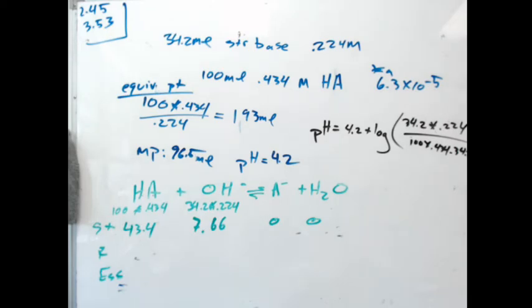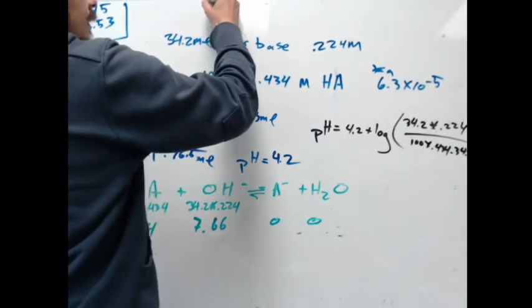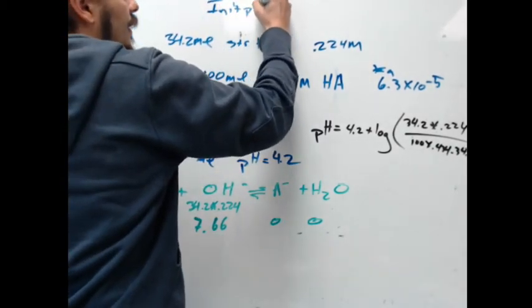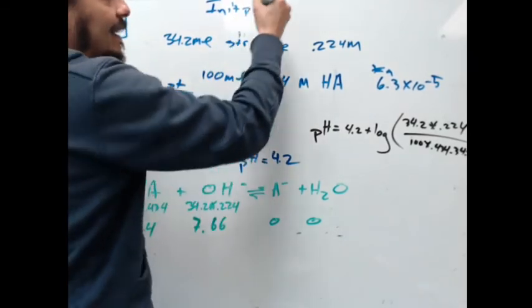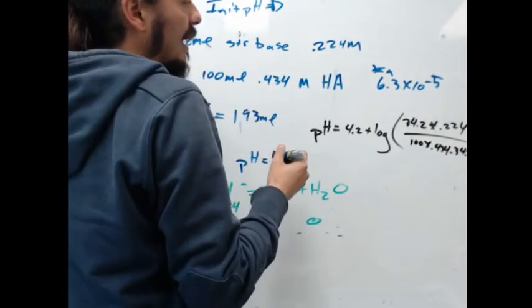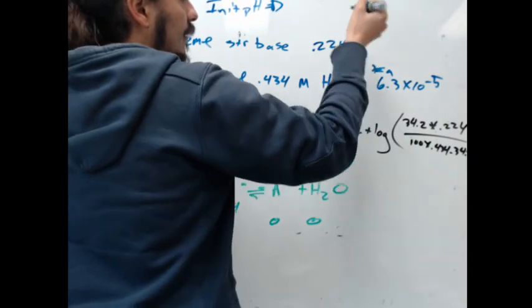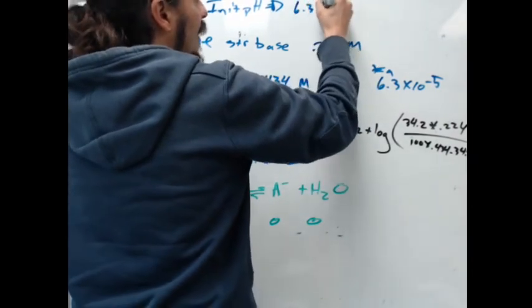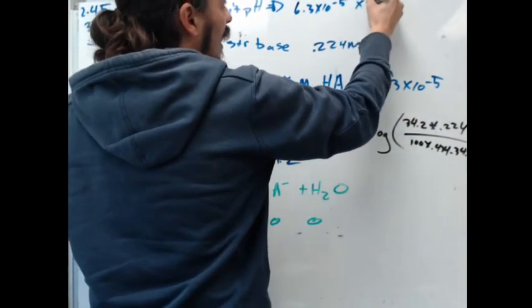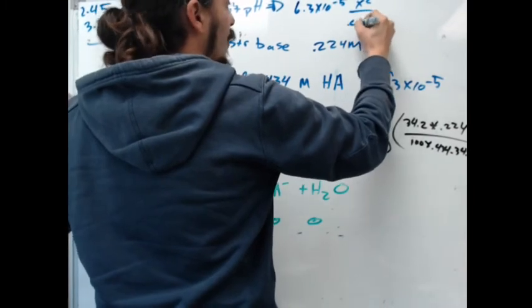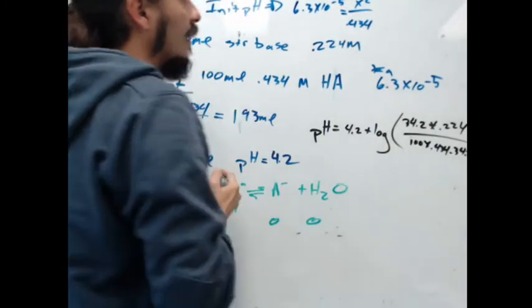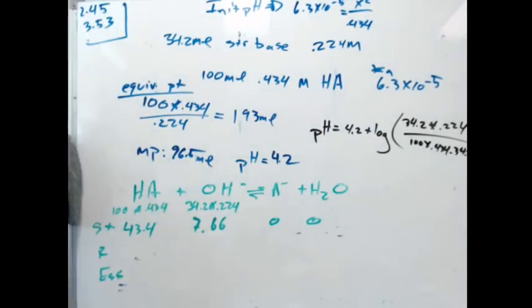The other thing we could have done is calculate the initial pH, right? That would be 6.3 times 10 to the minus 5 equals x squared over 0.434. I think 2.45 is actually the initial pH.